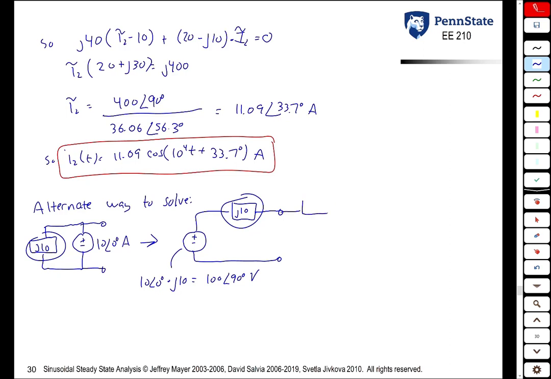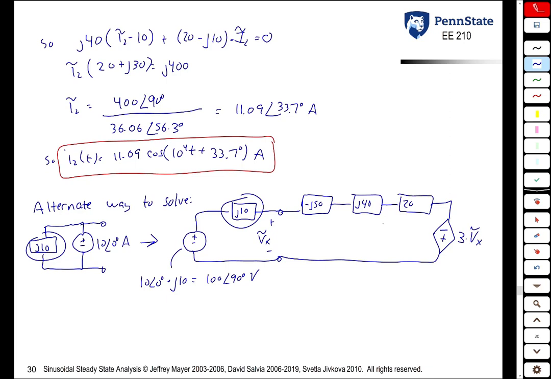So we still had our minus J50, we still had our J40, we still had our 20, we still had our dependent source, minus plus 3 Vx tilde, and Vx tilde is that voltage there.